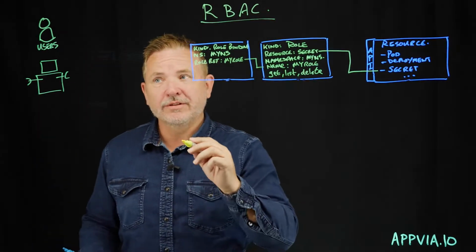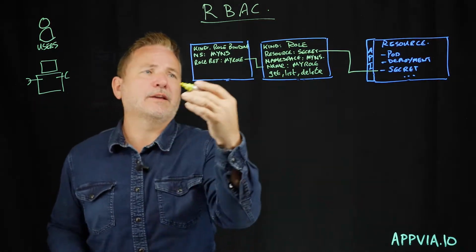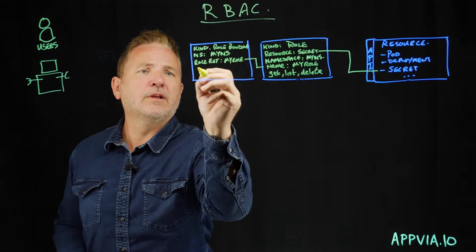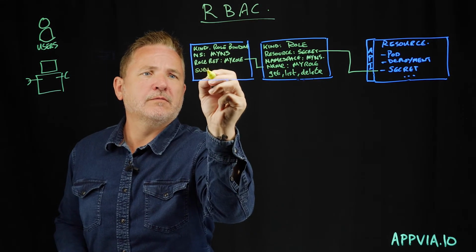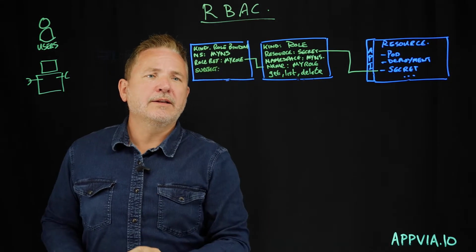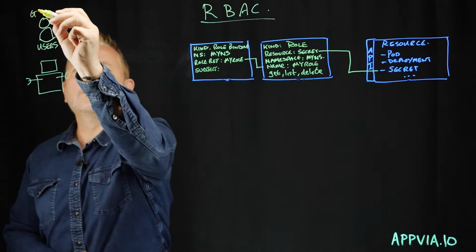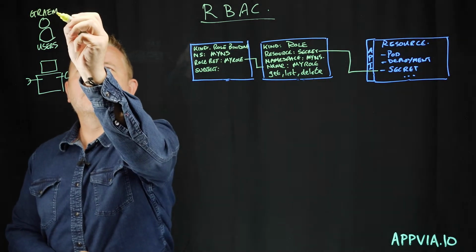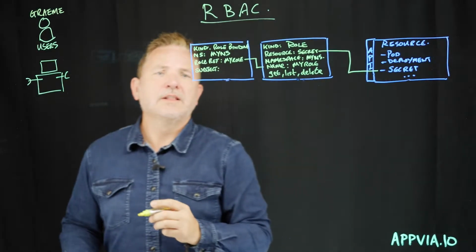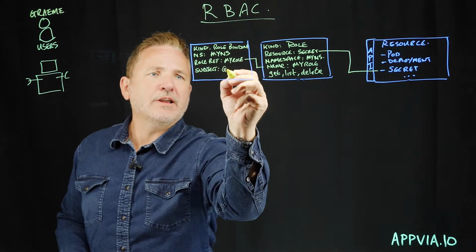And we also have the subject, the important part about how do we link the subject to the role. So we'll have a subject. And let's say I have a user called Graham. So a concrete subject. So I'm going to give access to Graham.